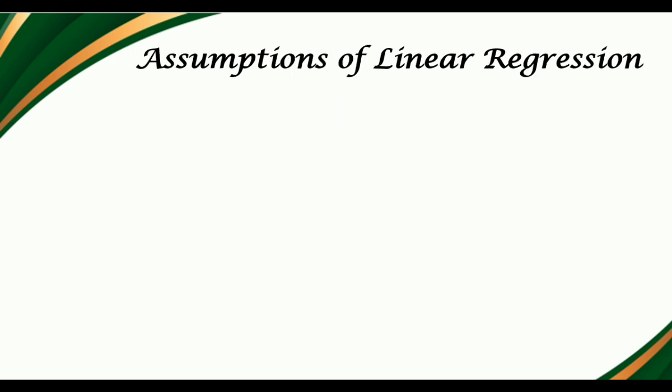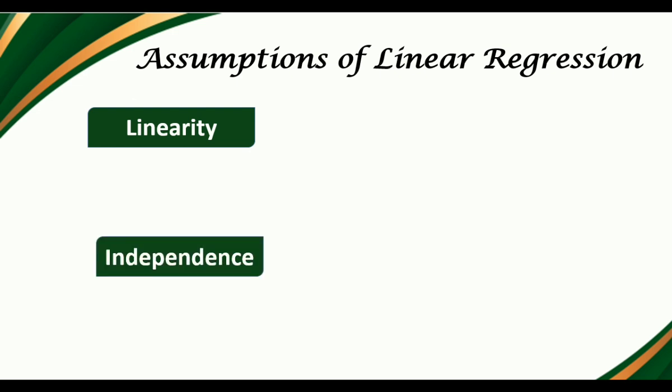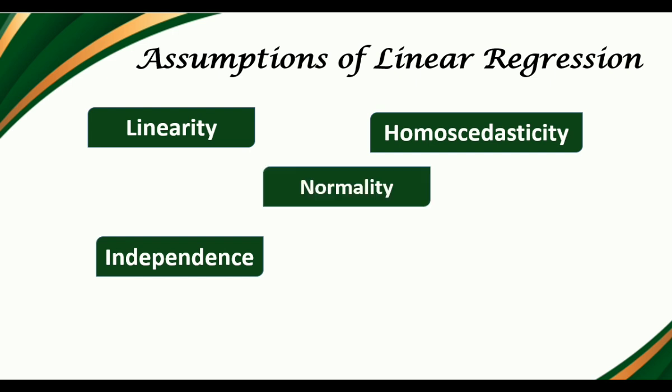So the assumptions for linear regression: first, we have linearity. There should be a linear relationship between independent variables and the dependent variable. Independence, meaning residuals or errors of the model must be independent of each other. Homoscedasticity, the variance of residuals should be constant across all levels of independent variables.